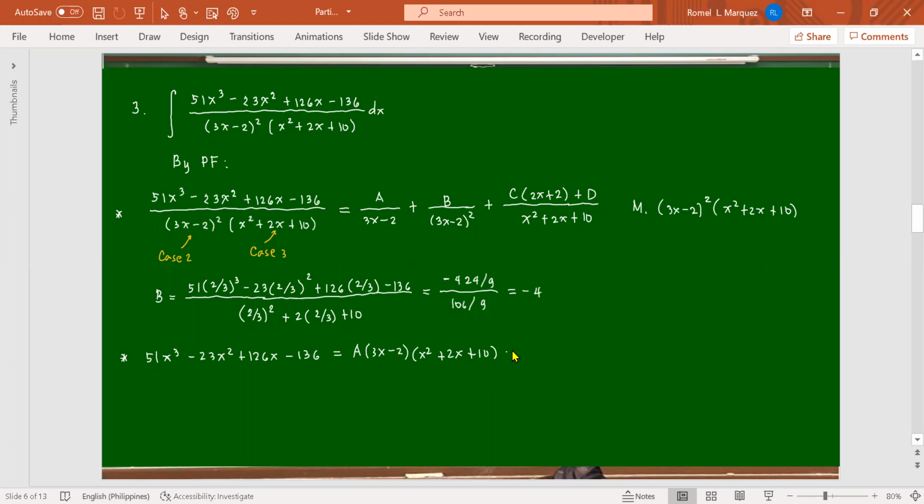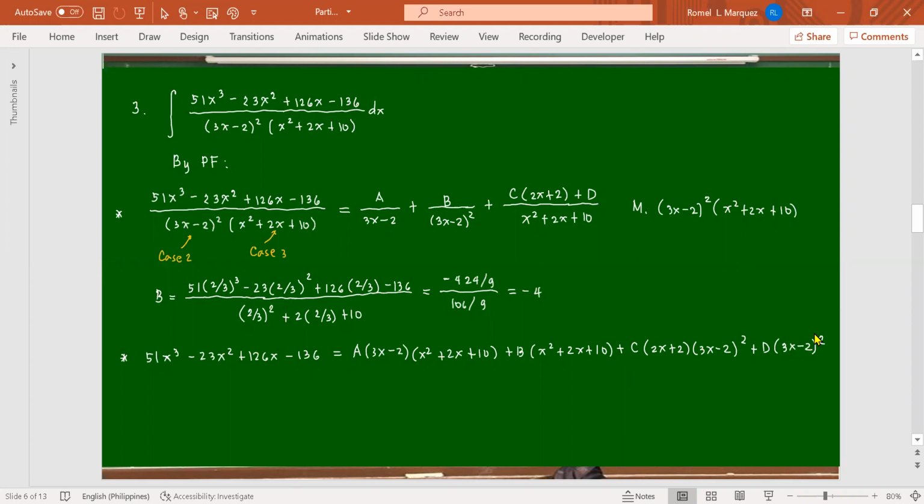And then plus B, we have just the quadratic x squared plus 2x plus 10 multiplied to it, plus C times 2x plus 2, times 3x minus 2 which I still have, and then plus D times 3x minus 2 squared.